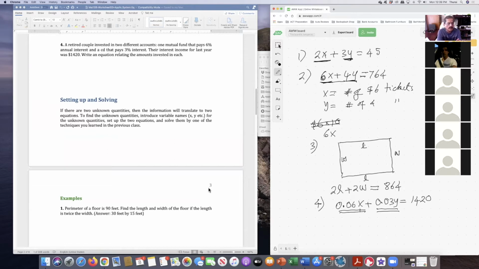If there are two unknown quantities, then in a problem, if they expect you to find a solution, they have to give you two equations. We have seen in the past class that if you have one equation in two variables, there will be infinitely many solutions.